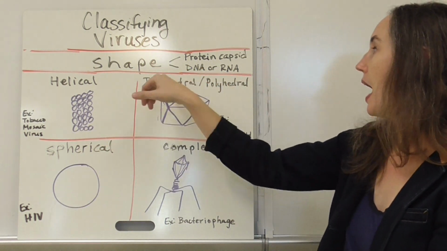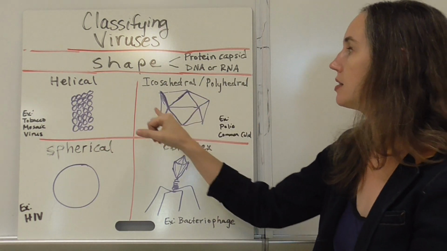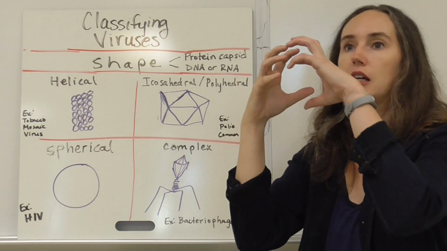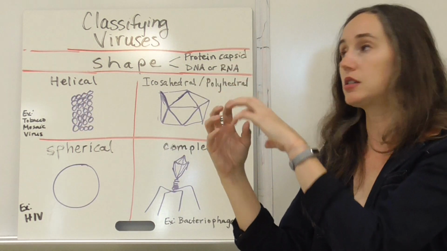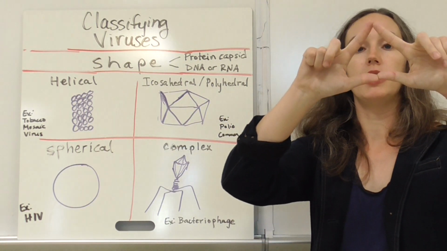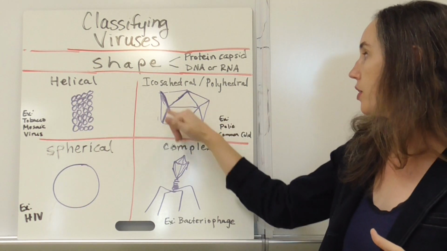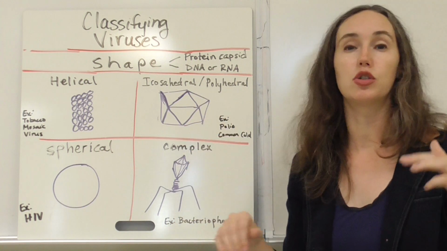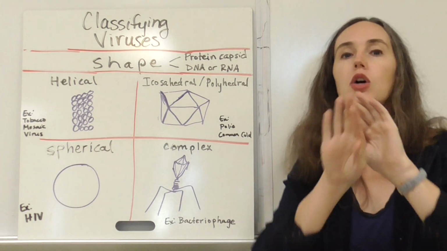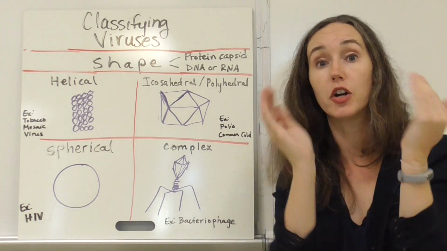Another example is icosahedral, which instead of a lot of small pieces, the protein pieces are triangles. They are identical triangles that fit together to make sometimes a 20-sided figure. So it's not quite a smooth sphere.